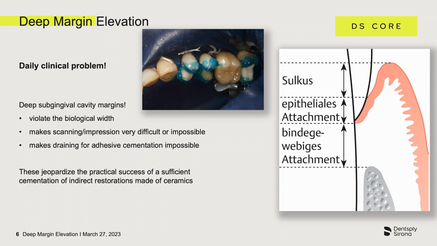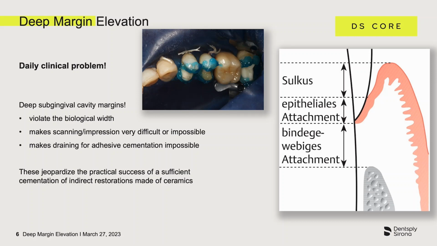At this point, the concept of biological width should be explained once again. What is biological width? The biological width is composed of the connective tissue attachment and the epithelial attachment. It is the distance between the crest edge of the alveolar bone and the coronal end of the marginal epithelium of the gingiva.